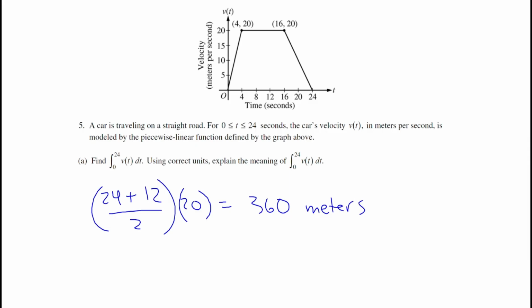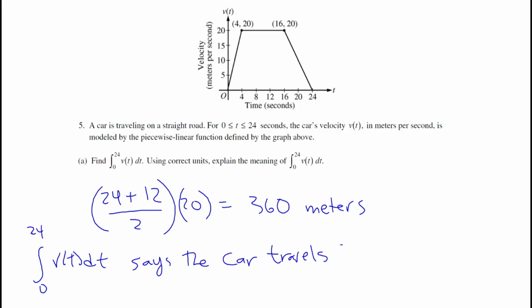And what does this mean? Well, the integral of velocity is normally a displacement. But since it's always positive, it's just how far the car went. So we can just say the integral from 0 to 24 of v of t dt tells us that the car travels, we'll say 360 meters in those 24 seconds.